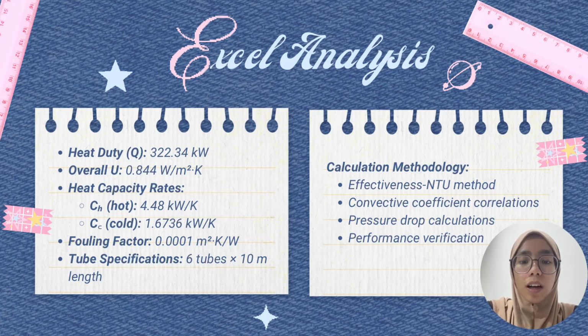A fouling factor of 0.0001 square meter Kelvin per watt was applied to ensure realistic operating conditions. The exchanger consists of 6 tubes, each with a length of 10 meters. All calculations were carried out using the effectiveness NTU method, supported by convective heat transfer correlations, pressure drop calculations, and performance verification.